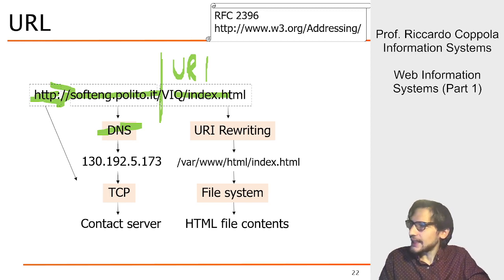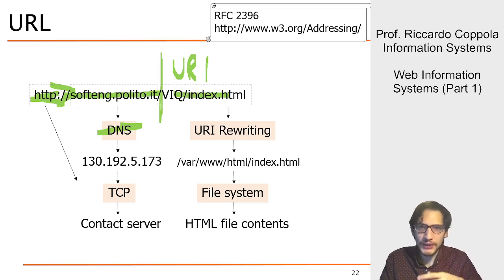To translate the readable name, the readable URL, to a set of numbers that can be read by routers and machines, I will use the DNS servers.